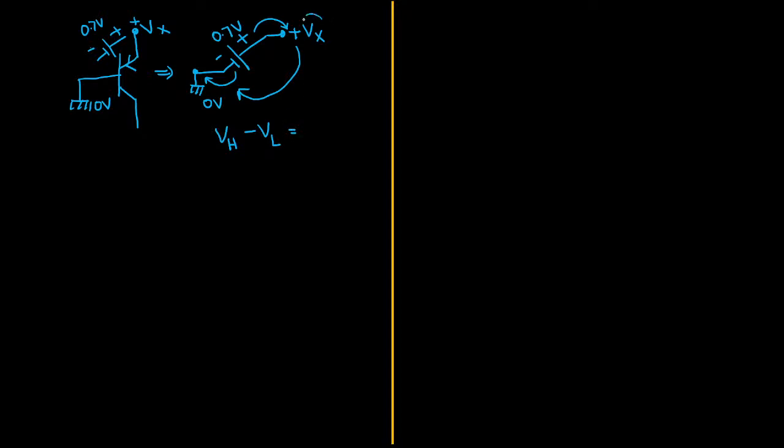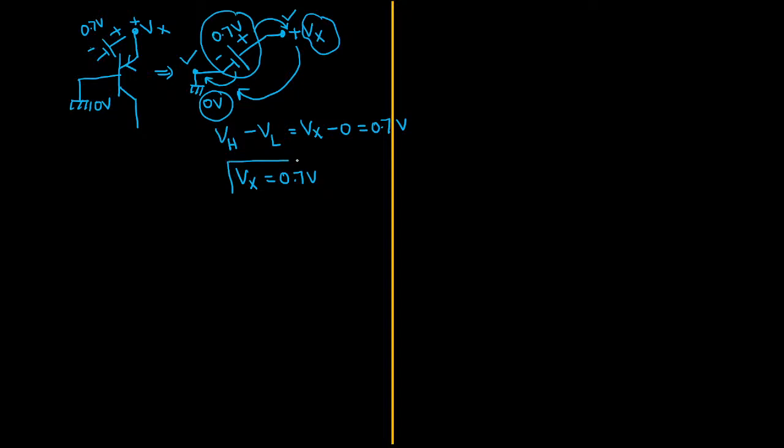So at the higher potential point, the voltage we are having here is Vx, minus the lower potential point, which is connected with the ground, 0, equal to the voltage. The potential difference between these two terminals will give you the voltage drop of that particular branch. That will be 0.7. So what is the conclusion here? The conclusion is the value of Vx is also going to be 0.7 voltage only. That is the first conclusion.